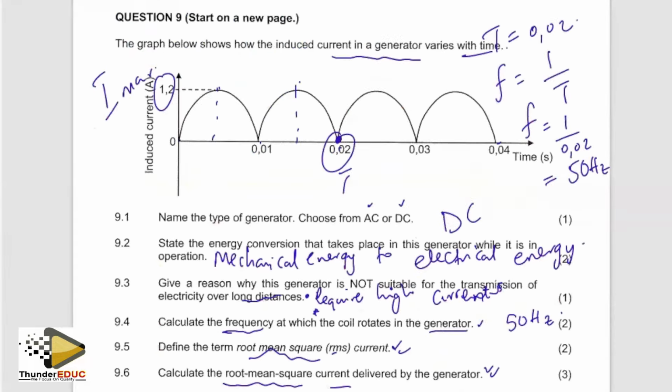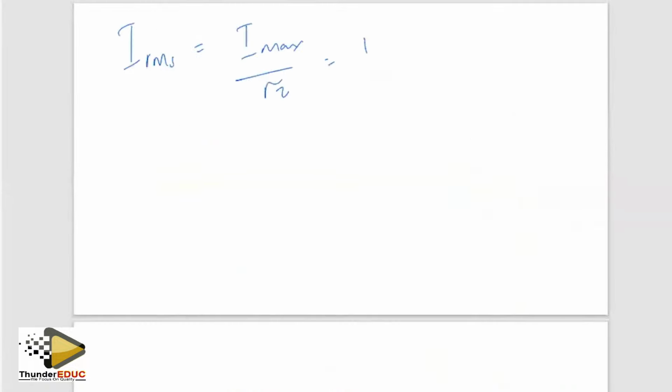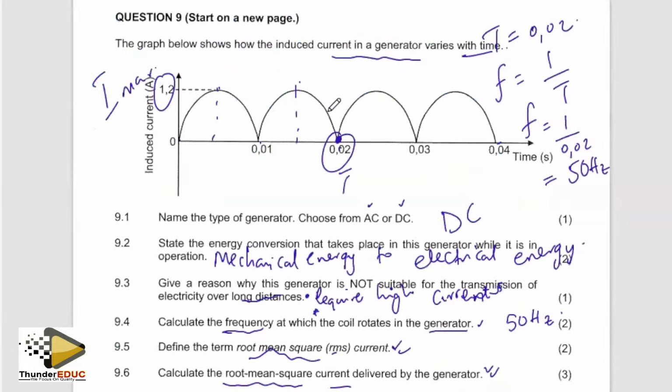So if this is 1,2 divided by square root of 2, let's just confirm that. That is giving me 0,848, which is 0,85 amps.